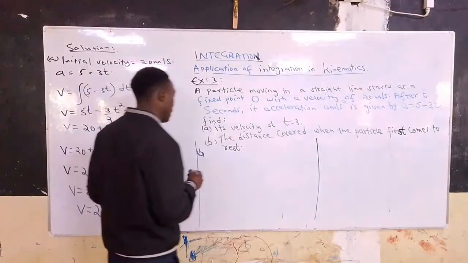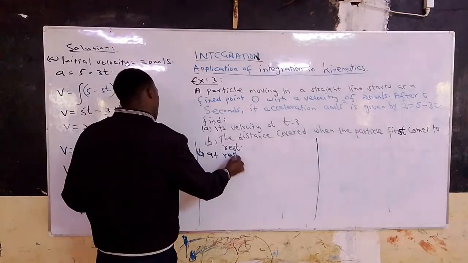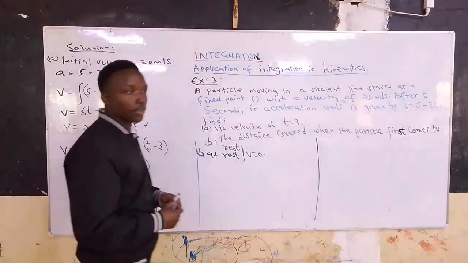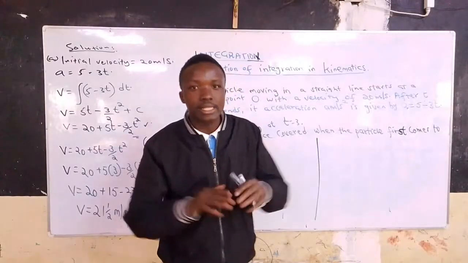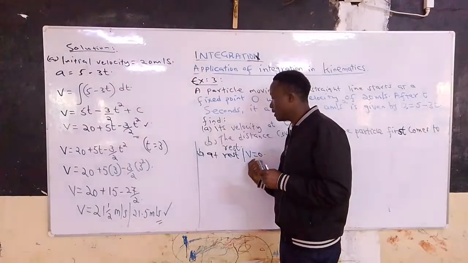So we need to understand that when the particle comes to rest, velocity is always equal to 0, because an object or a body is said to be momentarily at rest when velocity is 0.